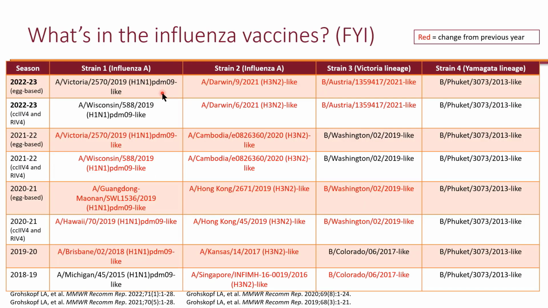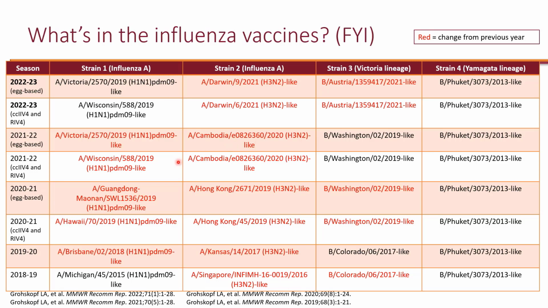Now let's take a look at the composition of influenza vaccines. Historically, influenza vaccines were either trivalent, which would include 3 strains of the flu virus, or quadrivalent, which would add a 4th strain. In the past couple of years, only quadrivalent vaccines have been available on the market. 2 of these strains cover influenza A, and the other 2 cover influenza B, one from Victoria lineage and one from Yamagata lineage.